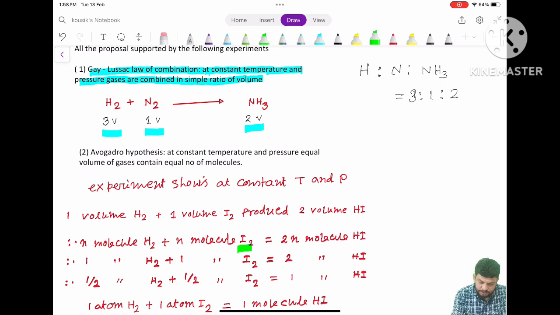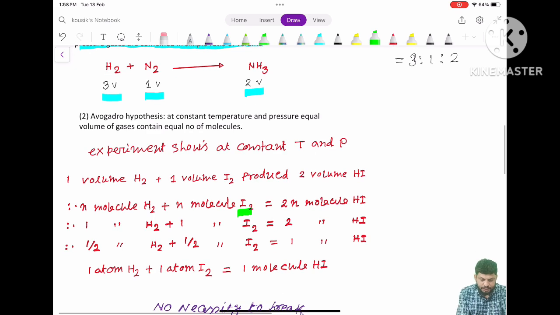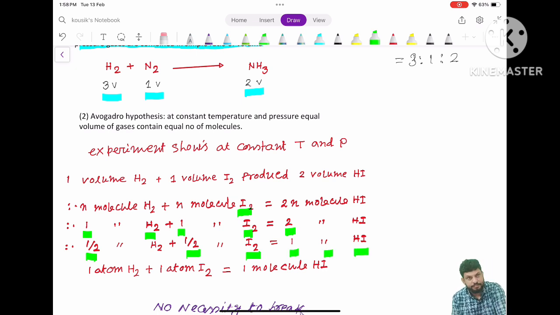If we divide by n, 1 molecule of H2 and 1 molecule of I2 produce 2 molecules of HI. Dividing by 2, half a molecule of H2 and half a molecule of I2 produce 1 molecule of HI.